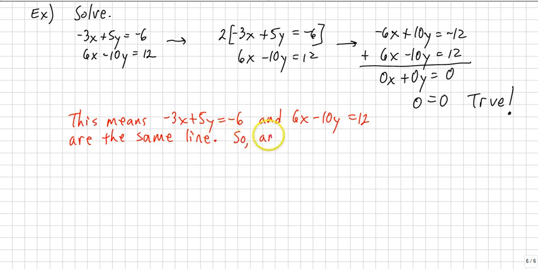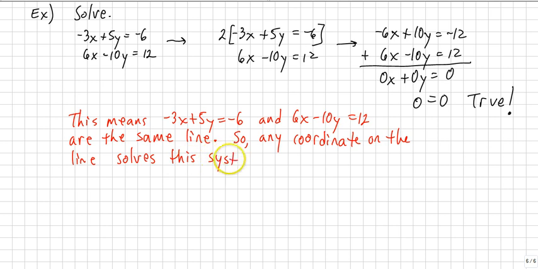So any coordinate on the line solves this system.